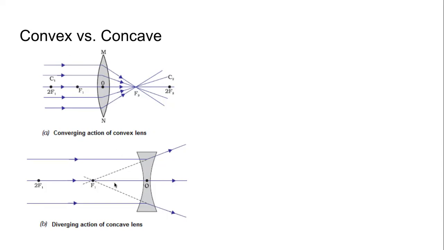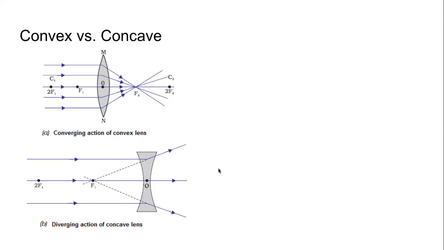But in a similar situation, if the lens is a concave lens, then the focus will be on the left hand side only. This will become important when we start finding out the location of the object and the image, because plus and minus sign conventions will come in. Understand this well, remember it well.